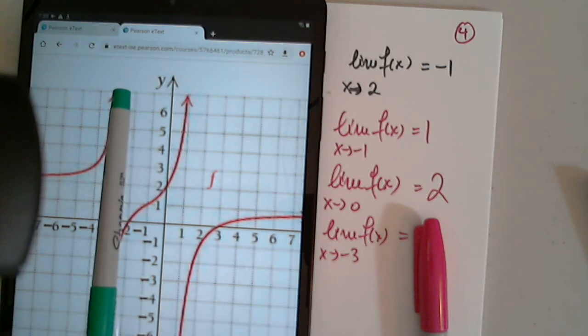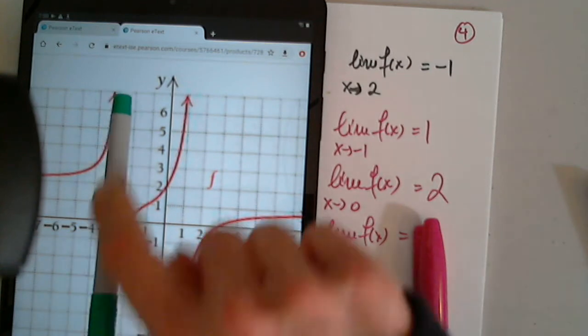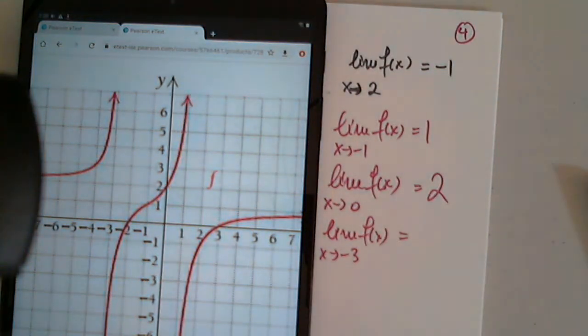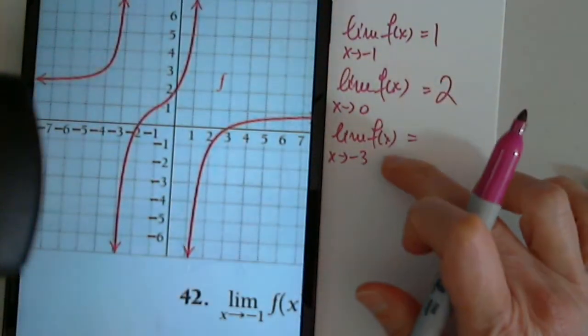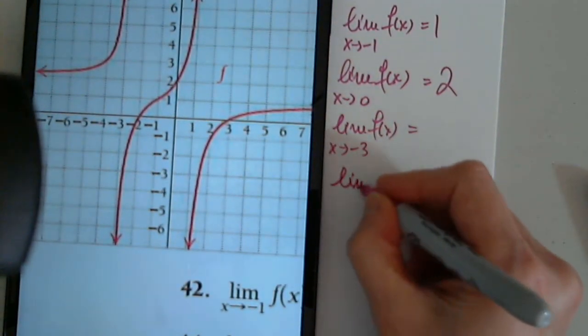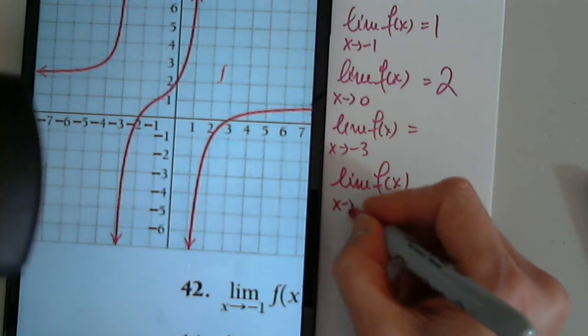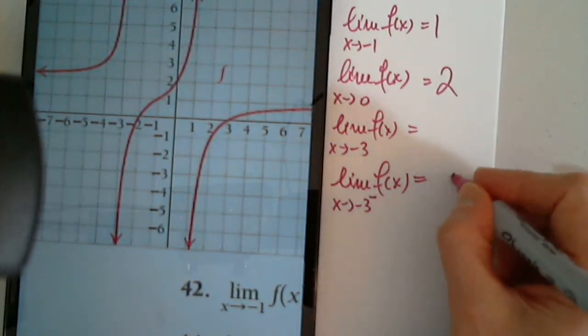Goes up. When we say up, what do we mean? To infinity. Exactly. Very good. We have to write that the limit of f of x as x approaches -3 from the left is infinity.